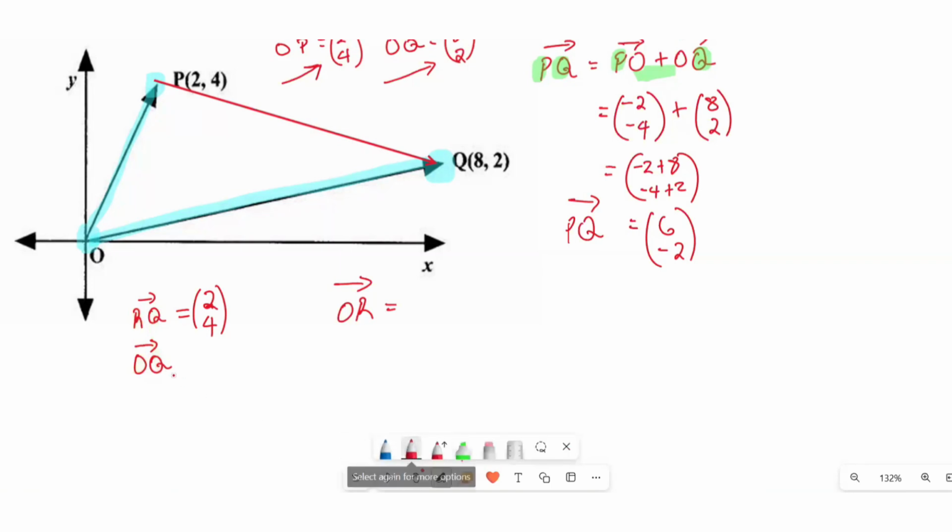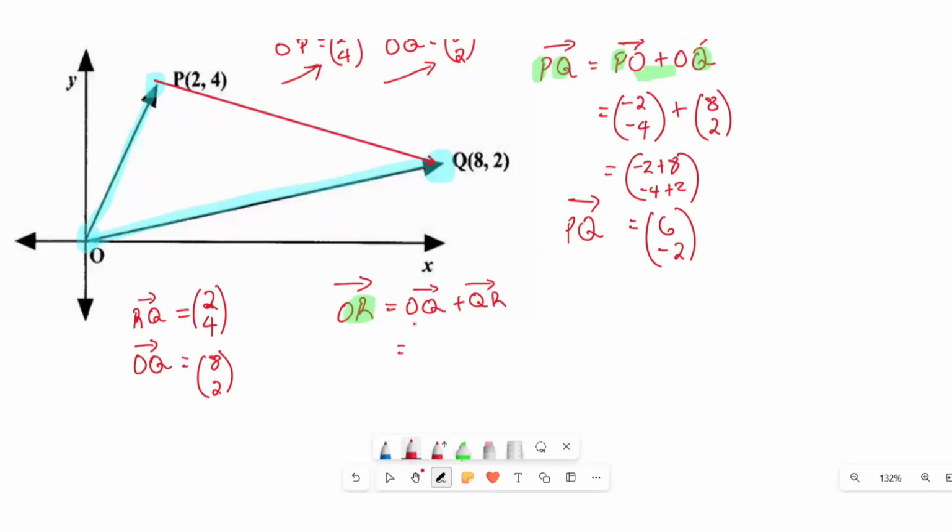Let me write back what my OQ is. We got that very early. It's 2, 8. So basically, OR is to move from O to Q, and then we move from Q, and then we go to R. And when that is done, we would have captured OR.